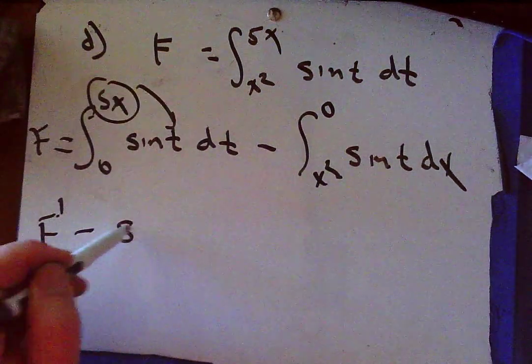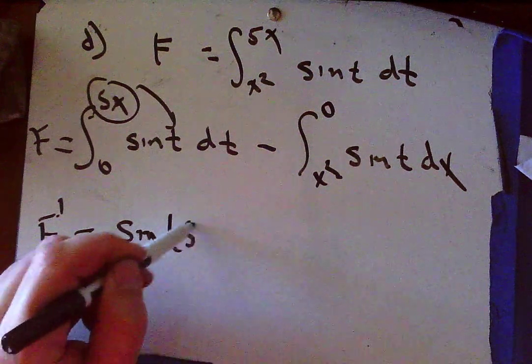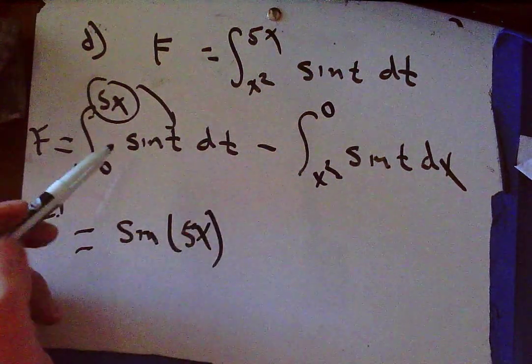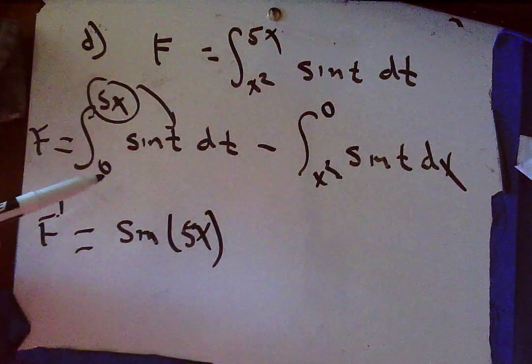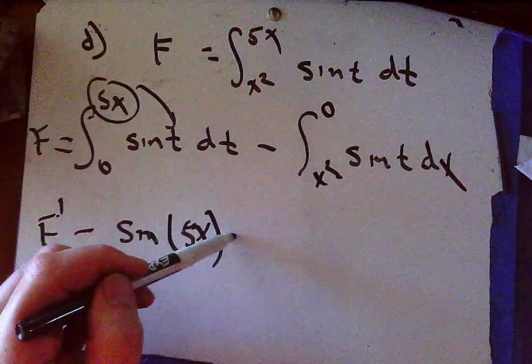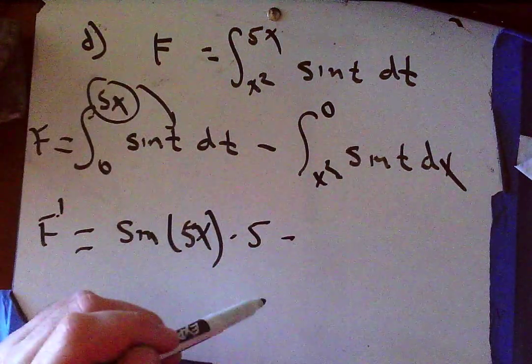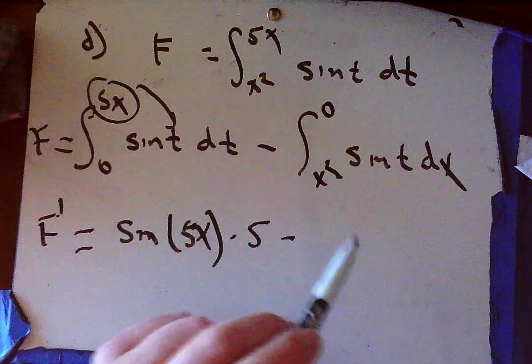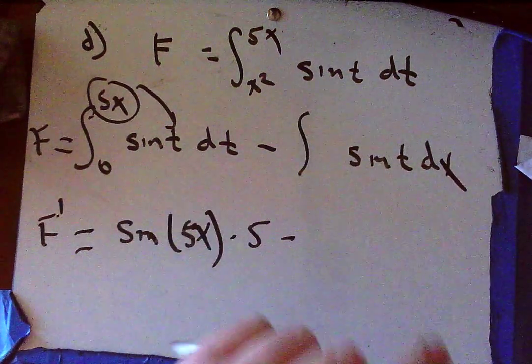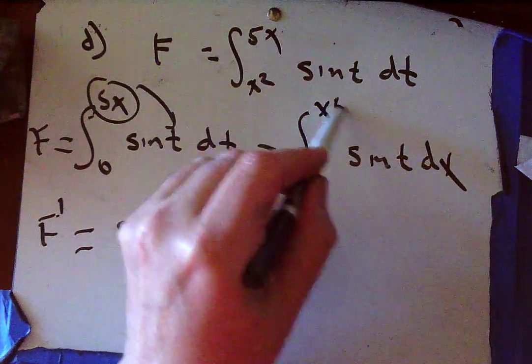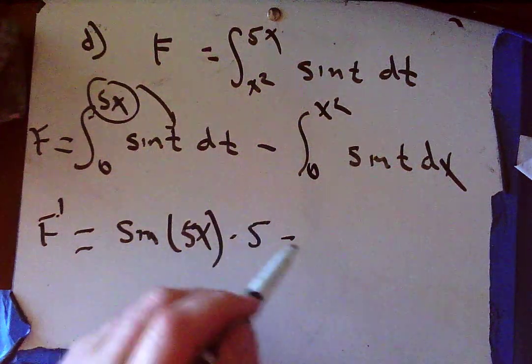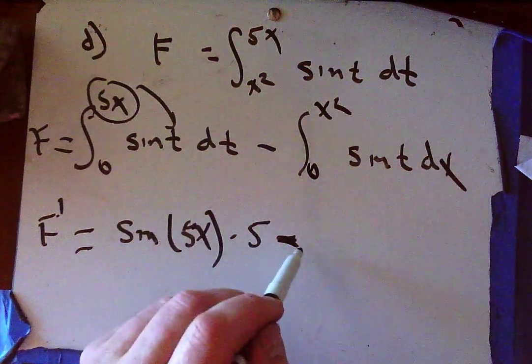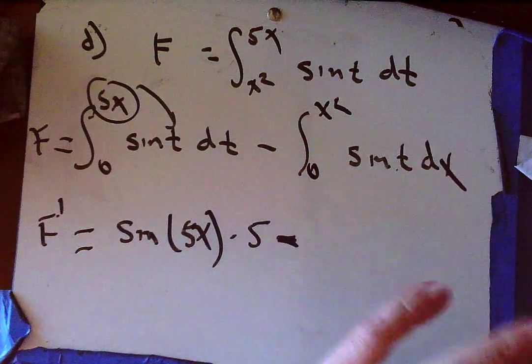This goes in here, times the derivative of that inside function. And here, I'm going to flip these, 0 to x squared. Okay, and subtract. I'll plug a 0 in there.